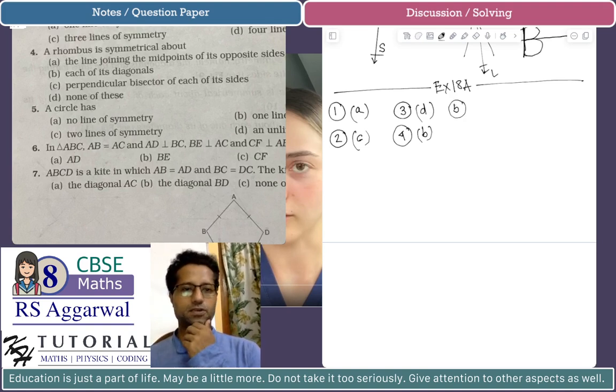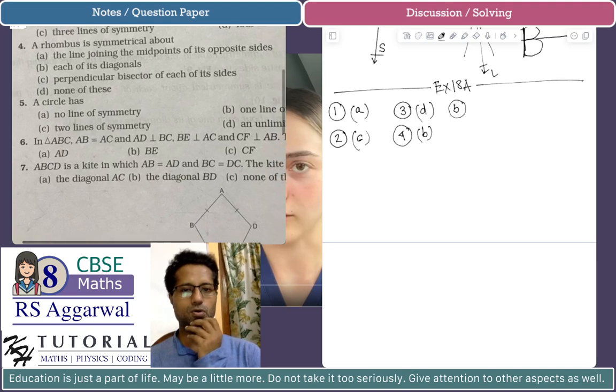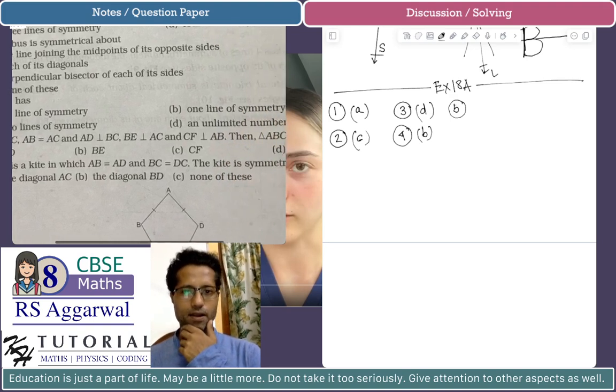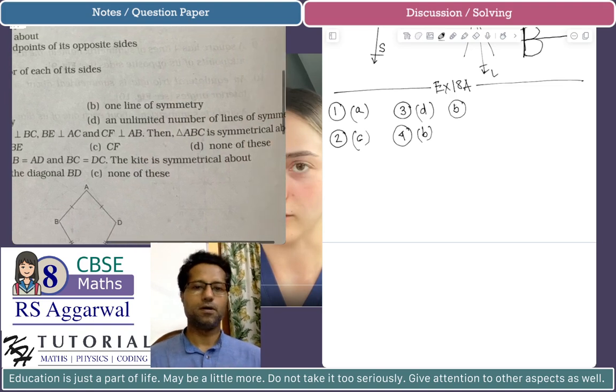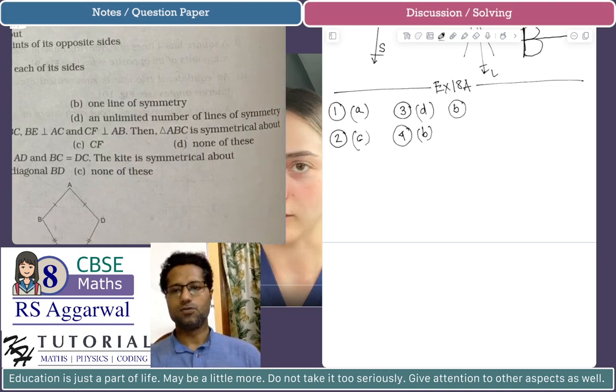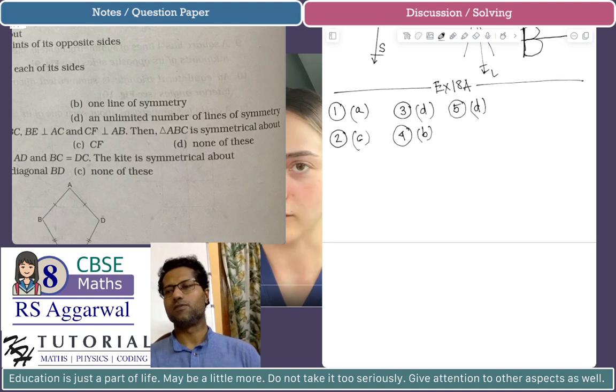Problem number 5. A circle has no line of symmetry, no. Two lines of symmetry, no. One line of symmetry, no. An unlimited number of lines of symmetry. So a circle definitely has unlimited number of lines of symmetry, because any diameter of a circle is a line of symmetry, and you can imagine that a circle has infinite number of diameters. How many points are there on the circumference of a circle?